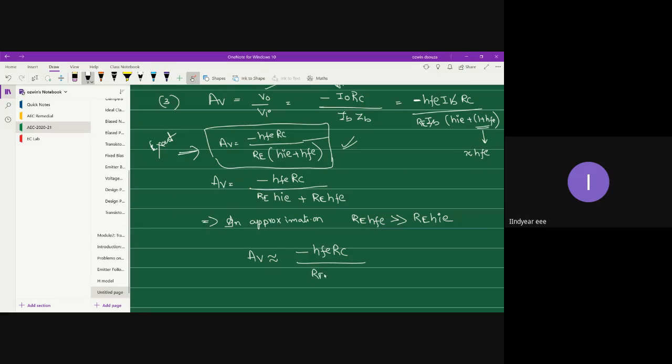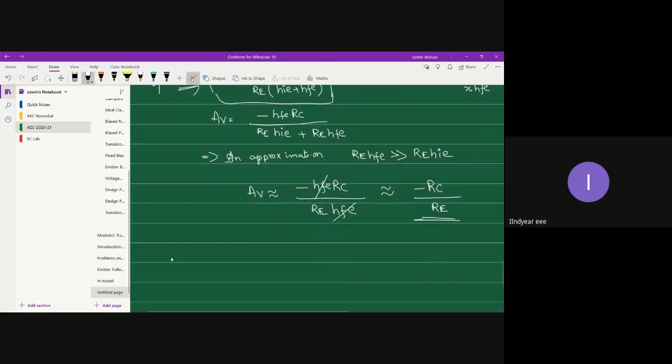So HFE gets cancelled. So an approximate, crude expression for voltage gain is going to be the resistance ratio RC by RE. So that's your voltage gain.